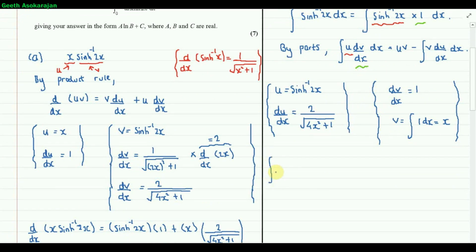On the left hand side, we have the inverse hyperbolic sine 2x, which is u, times dv over dx, which is 1, with respect to x.